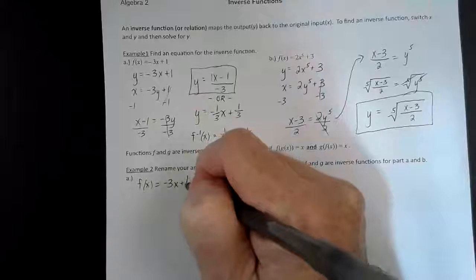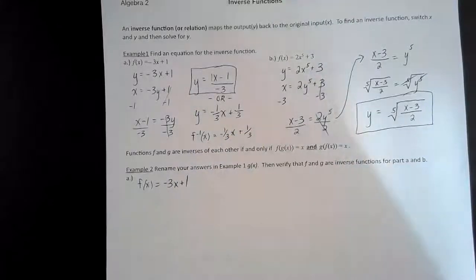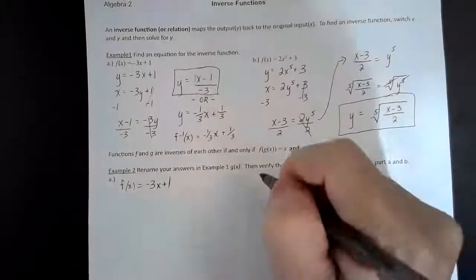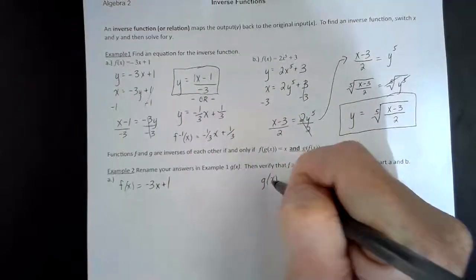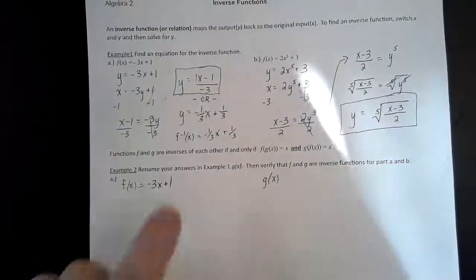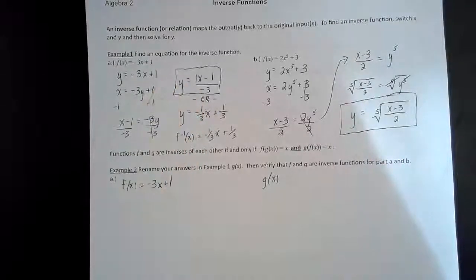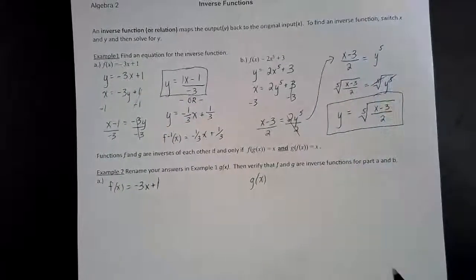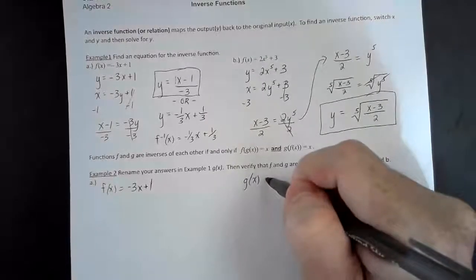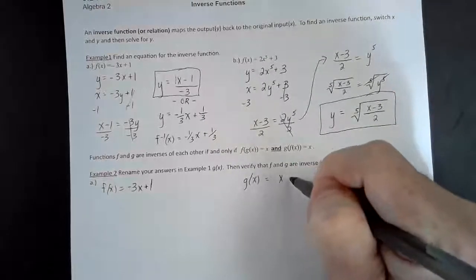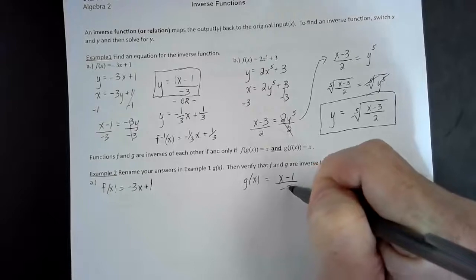That was given to us. Now g of x, I said rename your answers. So the answer we got, I'm going to rename g of x. And you can use any one of these. I'll use the one that we circled. So x minus 1 over negative 3.